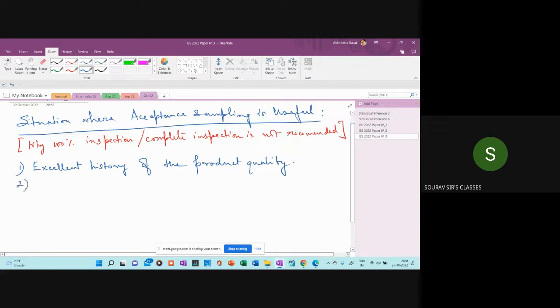Number two, the most important thing, is that if the lot size is very large, then we can't go for 100% inspection. Third is if the inspection procedure is destructive.